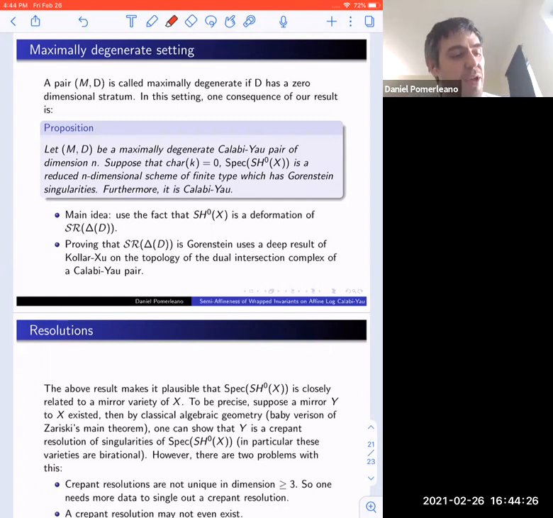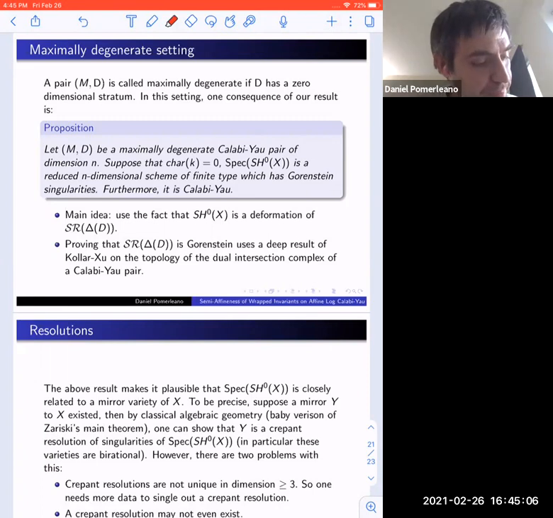So a pair M and D is called maximally degenerate if D has a zero-dimensional stratum. And in this setting, one consequence of the result is that if the pair is maximally degenerate, and the characteristic of your base ring or ground field is zero, then the spectrum of SH naught of X is a reduced n-dimensional scheme of finite type, which has Gorenstein singularities and is Calabi-Yau.